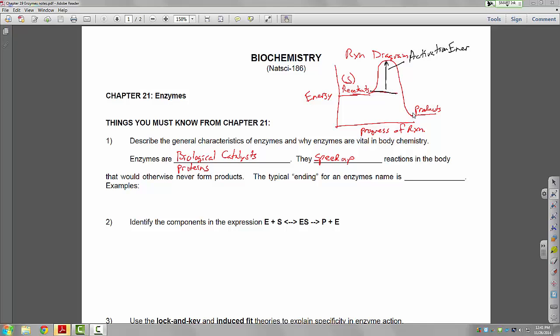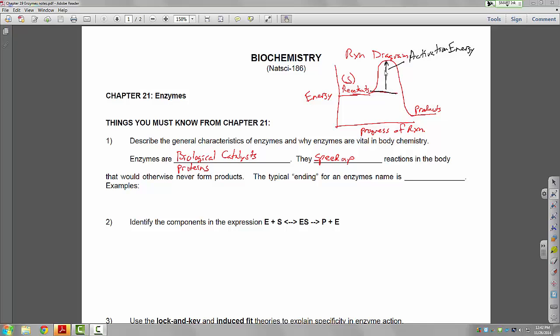So activation energy is essentially the height of that barrier, and when reactants go on to form products, they have to gain energy. Usually that energy comes from the collision of the particles, of the molecules, and then once they get to the top here, they can go on to form products.